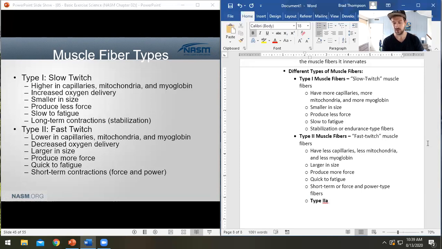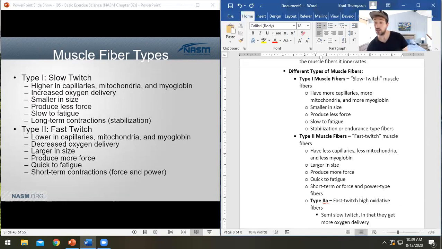2A fibers, which is your fast twitch, high oxidative fibers. They are semi-slow twitch in that they get more oxygen delivery. So they're still a fast twitch fiber, make no mistake, but they're kind of like a stopgap in between the two.